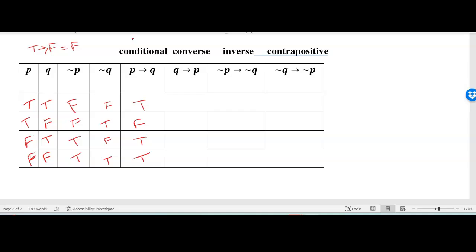But I have to go this way, from right to left, because Q is considered the first one. Right here we're fine. P is false, or Q is false too. Nope, that's good. Here, third row, Q is true, P is false. That makes this false. Everything else is true.